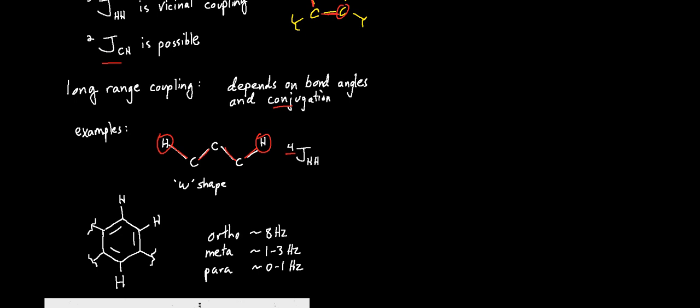So this might give an extra split. Say if there was nothing else coupling these protons, you would get just a notch in the top probably for this long-range coupling. But the higher the field strength, the better you will see that. And sometimes it's useful in interpreting.